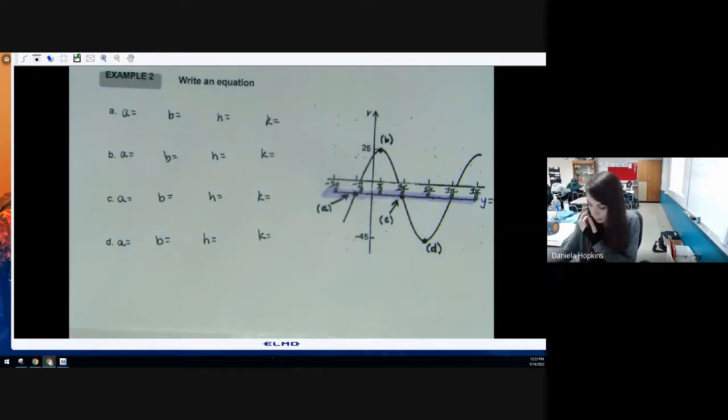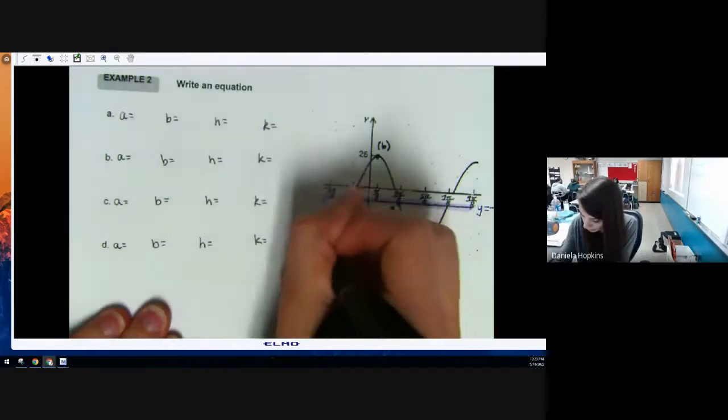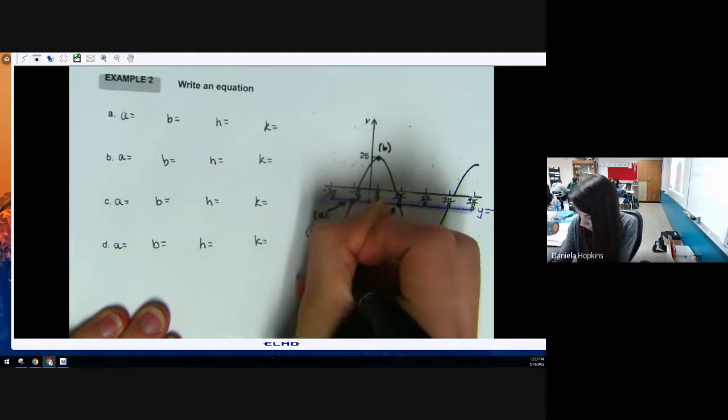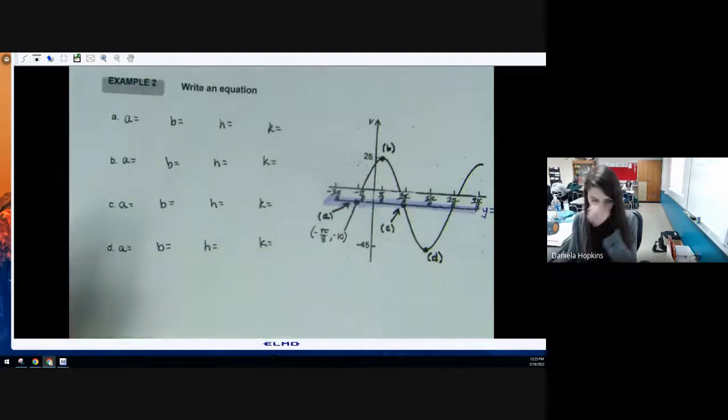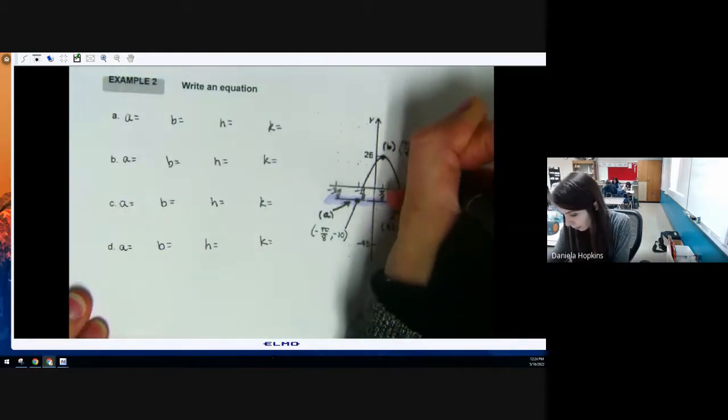Also, to help us, I'm going to name these points so that we can see these a little better. So A happens to be at negative pi over 8, comma, negative 10. B is at positive pi over 8, comma, positive 25.